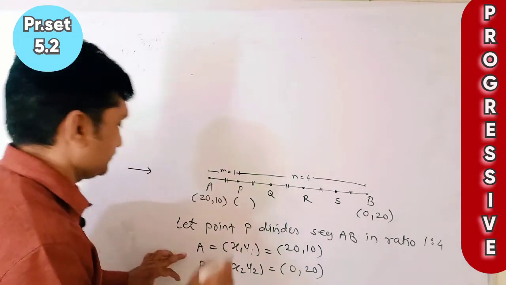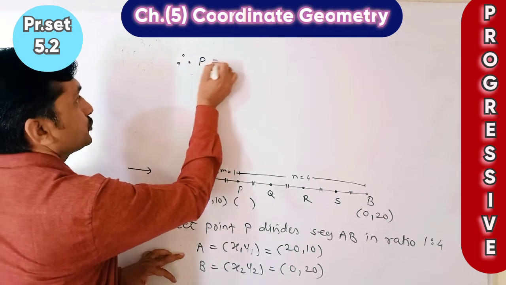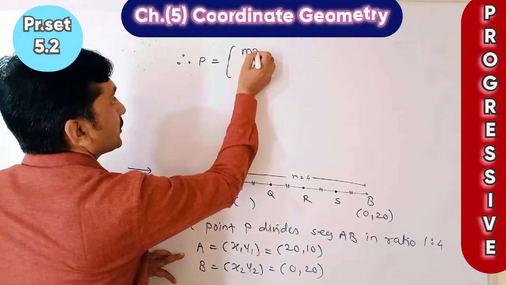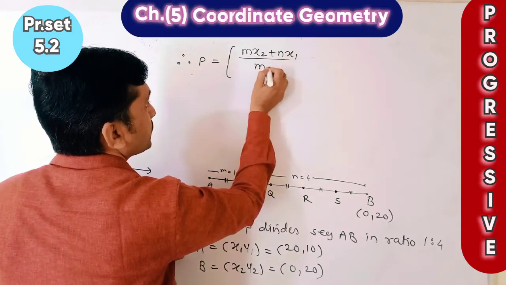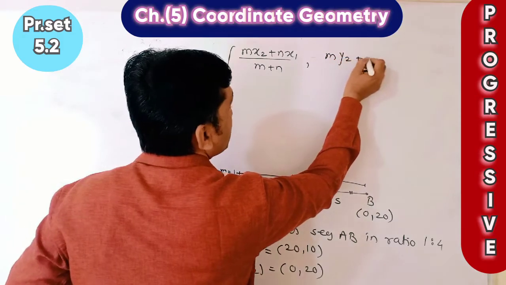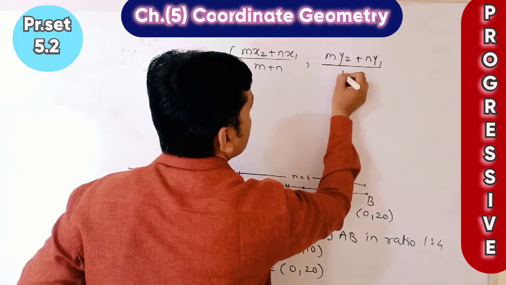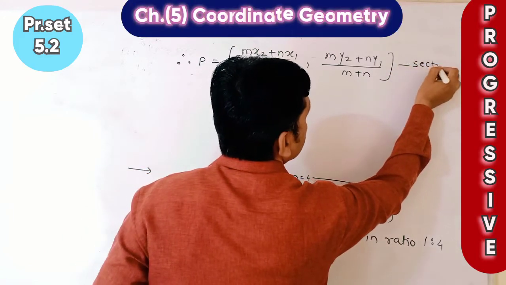This is the section formula for point P. Therefore P is equal to, in bracket, (m x2 + n x1) upon (m + n), (m y2 + n y1) upon (m + n). Section formula.